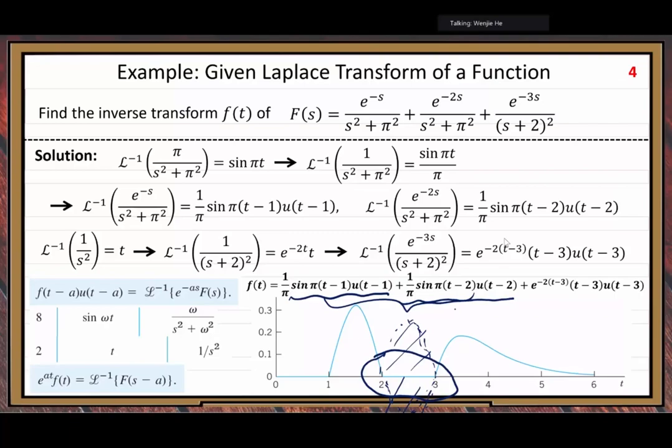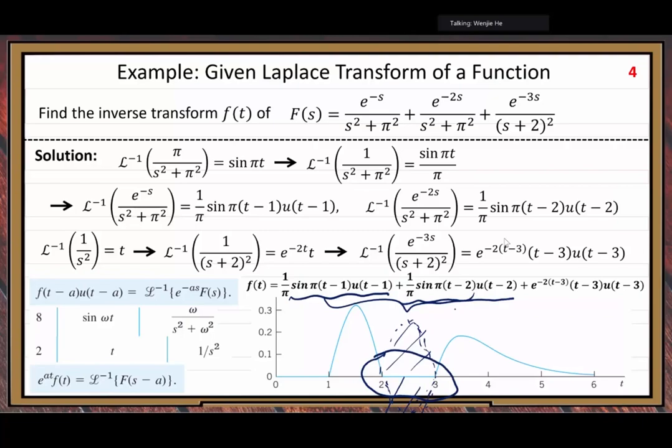So this tail part all comes from the third term. Can you see that? Because after 3, the first 2 terms, you need to add the values from the first 2 terms, but they also cancel out.